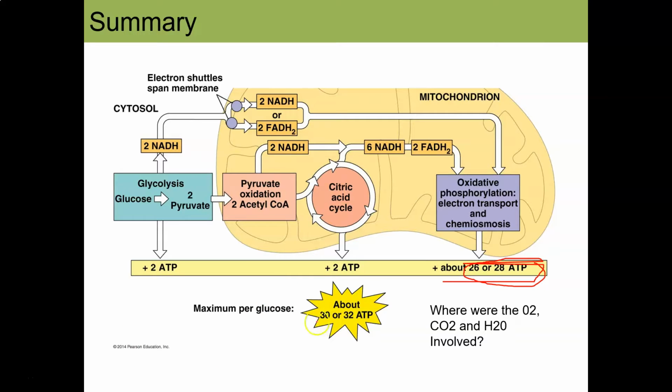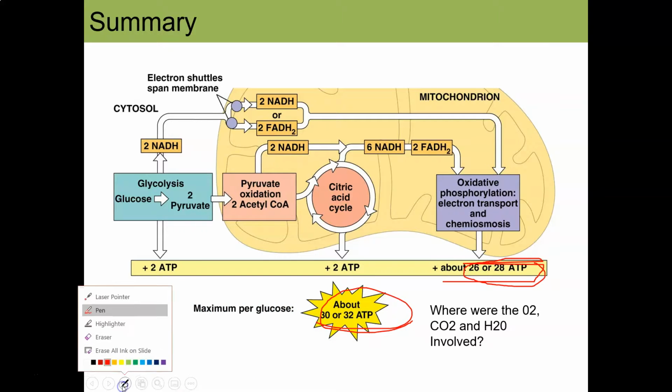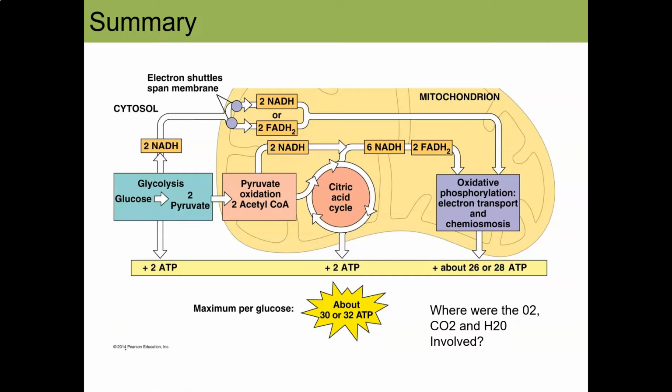So we get out different amounts of ATP depending on which textbook you're looking at, because biology is squishy and it's not always perfect depending on who measured it. So you don't have to know the exact amount, but you do have to know how many carbons are breaking down and where the electrons are moving and where they're moving to, and that there's a good number of ATP produced in some steps and a small number of ATP produced in the other steps.